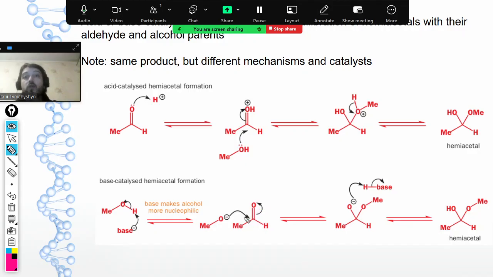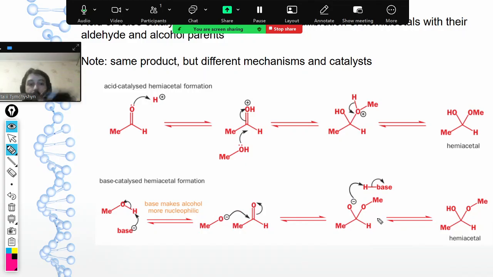And once again we have attack of the nucleophile onto this carbon atom. Electrons go onto the oxygen, and here is what we get. One oxygen acquires negative charge, and this part is attached to the carbon atom. So that's what we get.